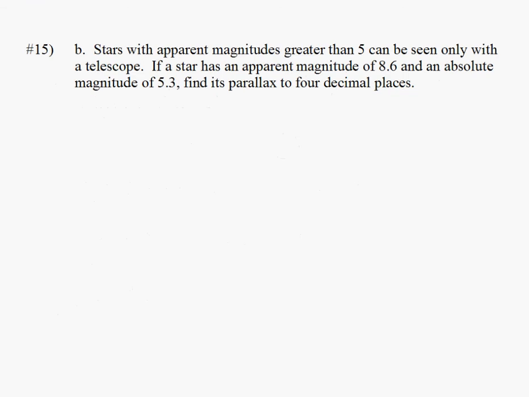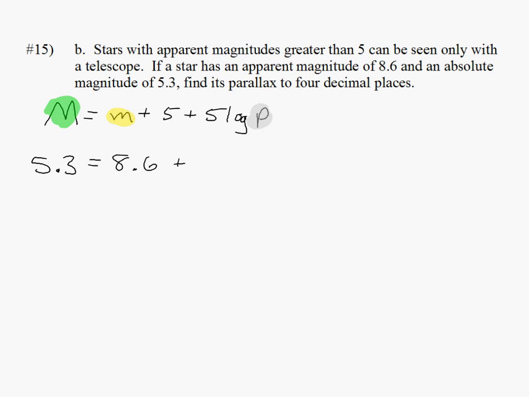Part B, stars with apparent magnitudes greater than 5 can be seen only with a telescope. If a star has an apparent magnitude of 8.6, that's lowercase m, and an absolute magnitude of 5.3, that's capital M, find its parallax. You put the numbers in, you're trying to get P by itself.